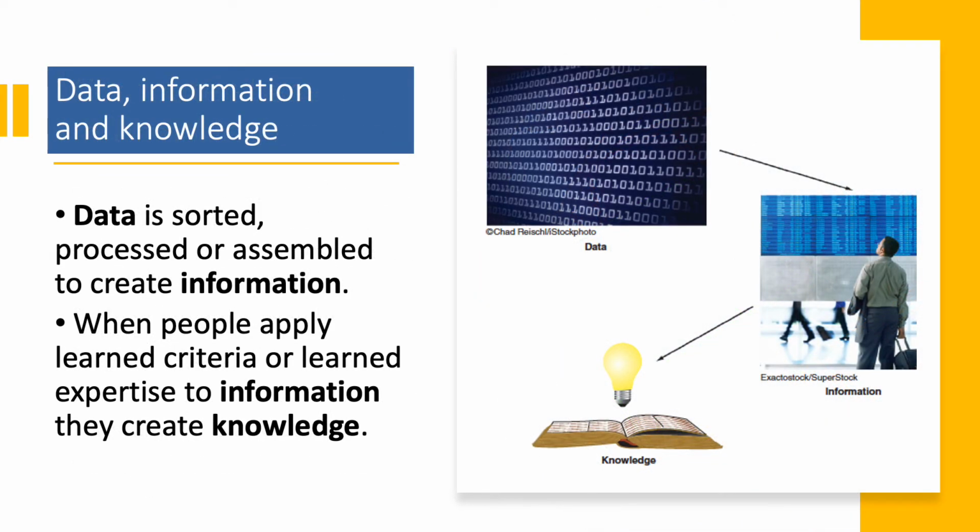So, information systems use data, and data is sorted, processed, or assembled so that we can create information from it. Data is ones and zeros, bits and bytes, right? Small amounts of data, and at the smallest level, we have the ones and the zeros. The 1 and 0, the binary digits or bits, is the basic atomic value of data.